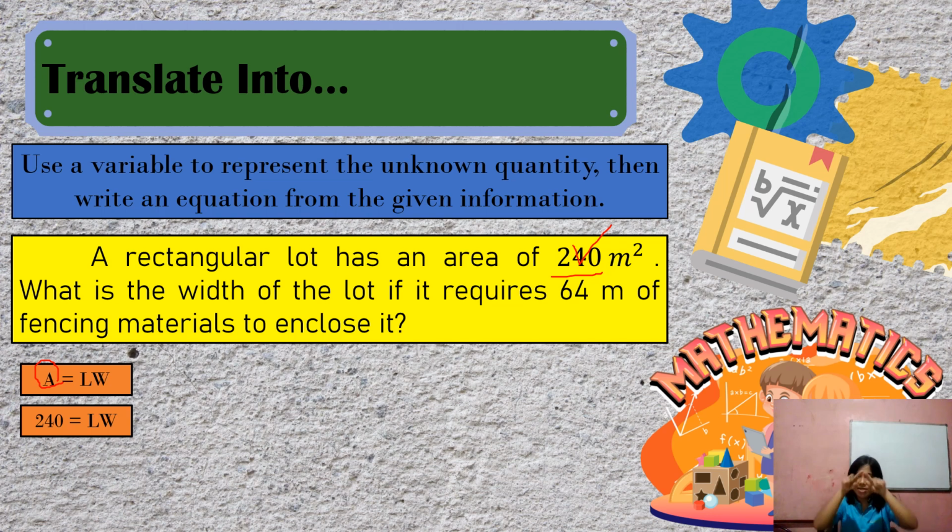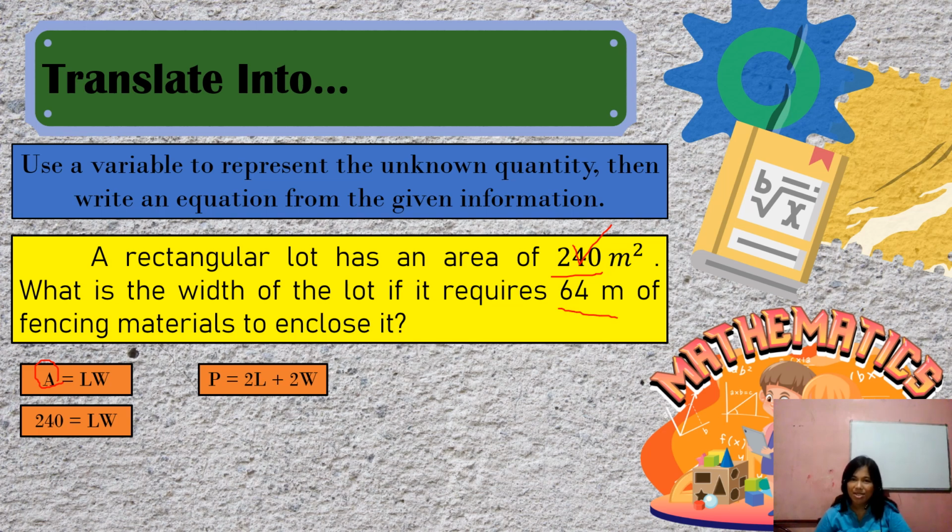So if it's a rectangle, when the problem is giving you a fencing material, then it's understood to be given as the perimeter of that rectangle. Alright, so the perimeter is 64.